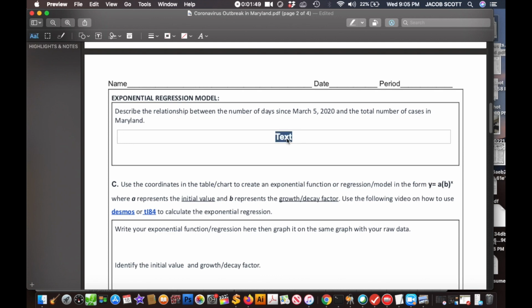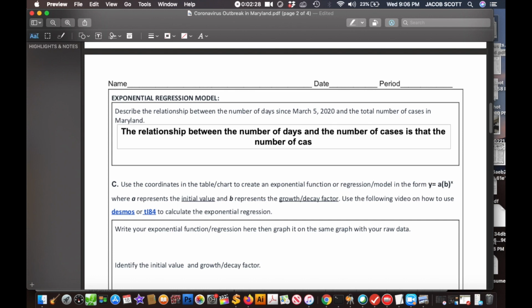And guys, just to give you some input, the relationship between the number of days and the number of cases is exemplified, or we can say, because the number of cases is growing rapidly as the number of days increases.